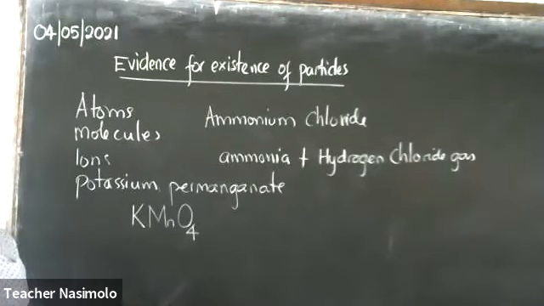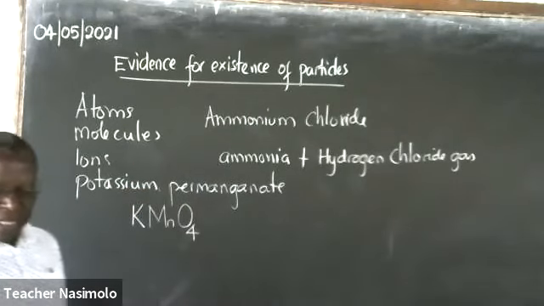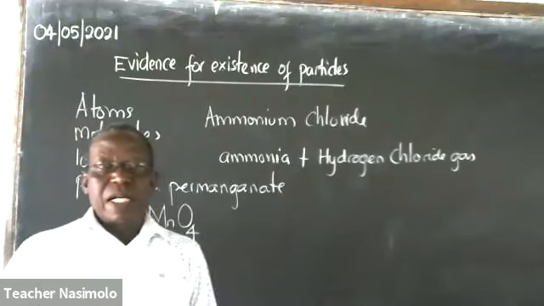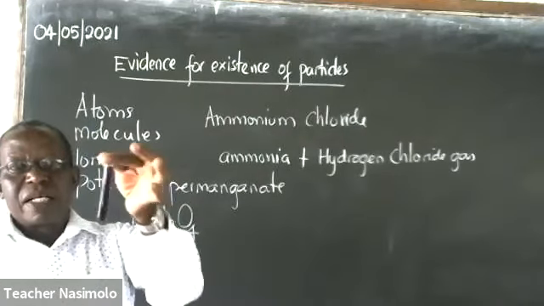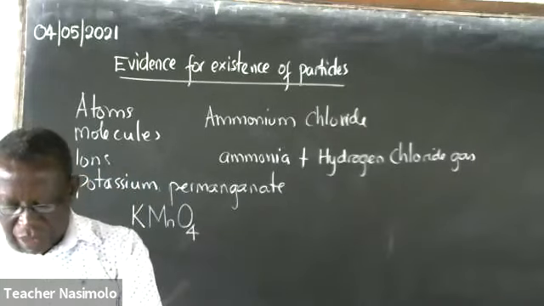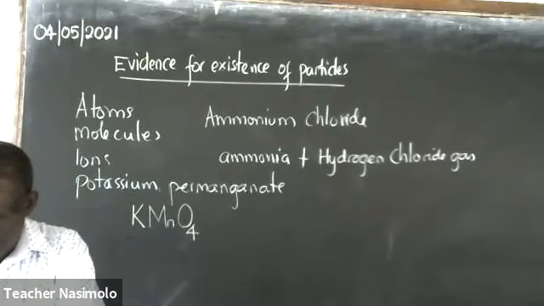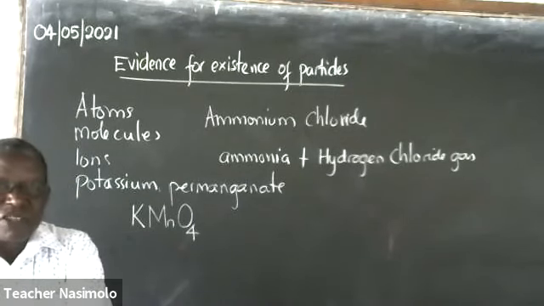But for the moment, I just want to show you that this substance, when you add it to water, dissolves in the water and gives water that color that you saw. Right, so that is another simple experiment that we can use to show that matter is made up of particles.